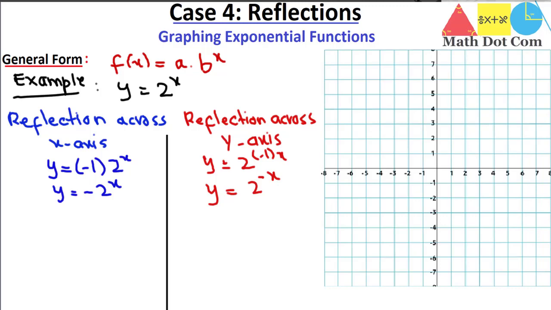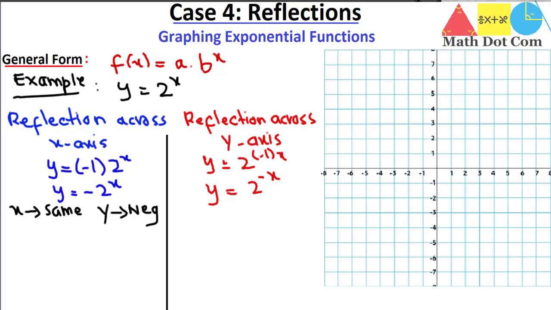So let's draw it and then you will understand better how both of these reflections differ. In reflection across x-axis, it is clear that the values of x remain the same and the values of y will be changed from positive to negative. It means x is the same, there is no inversion in the value of x from positive to negative, but the y values will become negative.